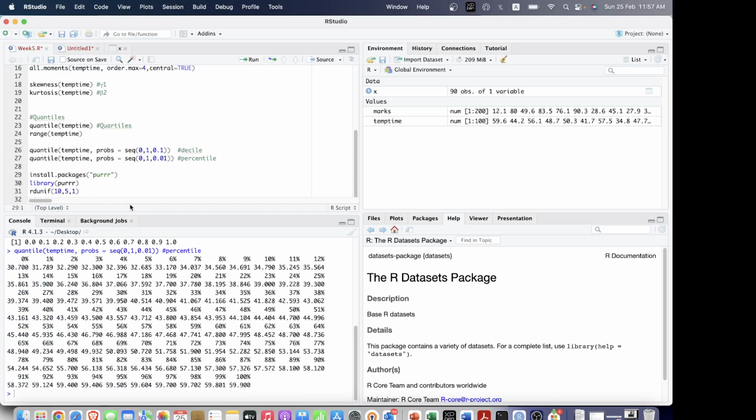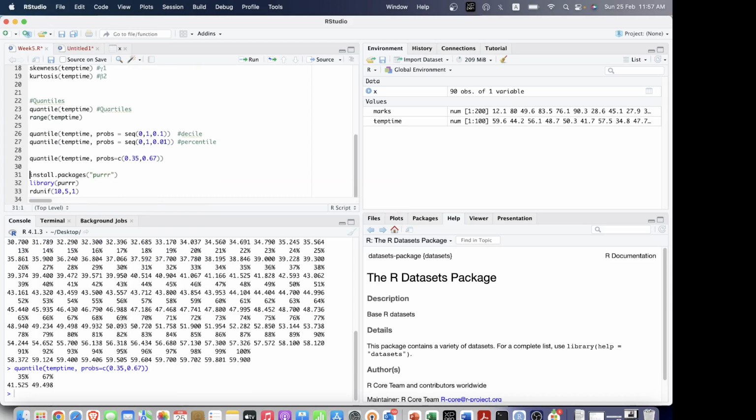Now, these are all at equal intervals. You could also want something like this. Let's say I want to know the data point below which 35% of the data and 67% of the data lies. So I am going to give temp time, probs equal to c(0.35, 0.67).